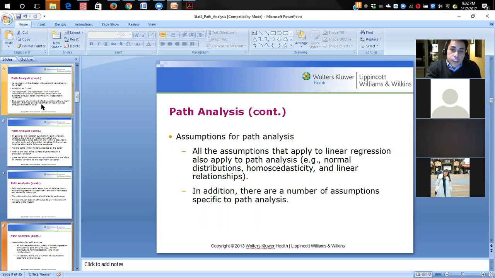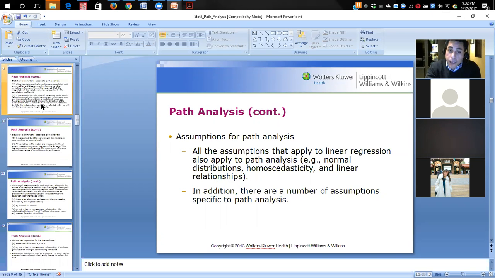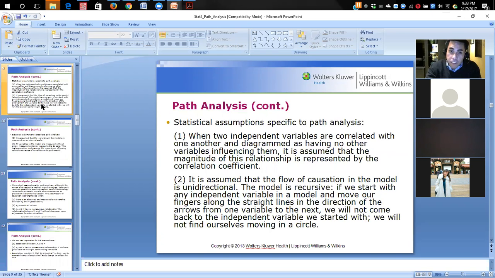In addition, there are a number of assumptions specific to path analysis. The statistical assumptions specific to path analysis are, number 1, when 2 independent variables are correlated, and think about correlation coefficients, anything that's 0.4 in our correlation coefficient is already considered a significant correlation.